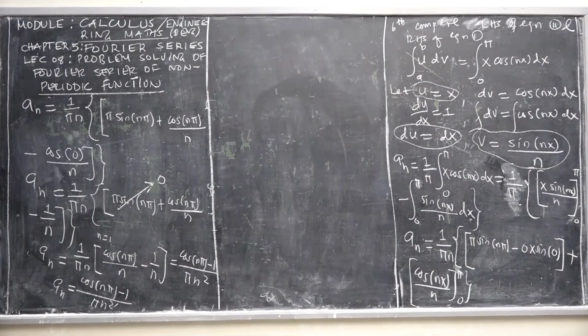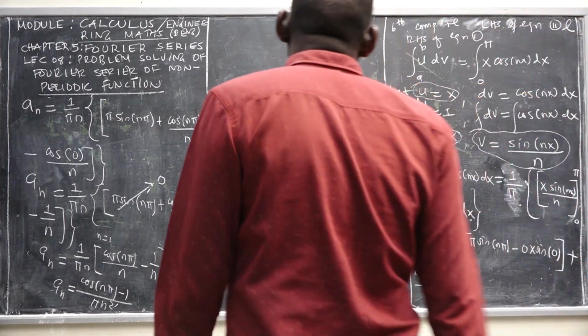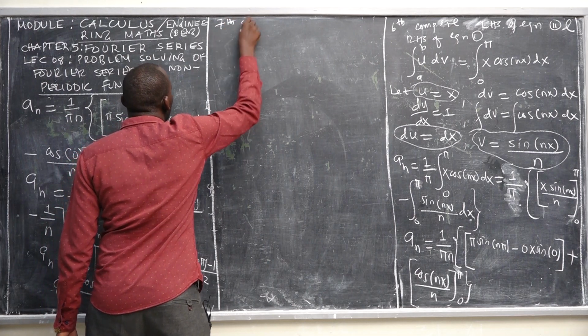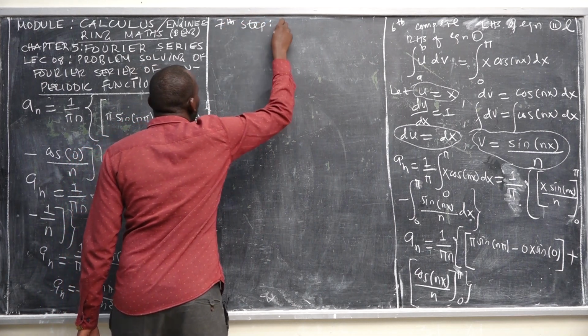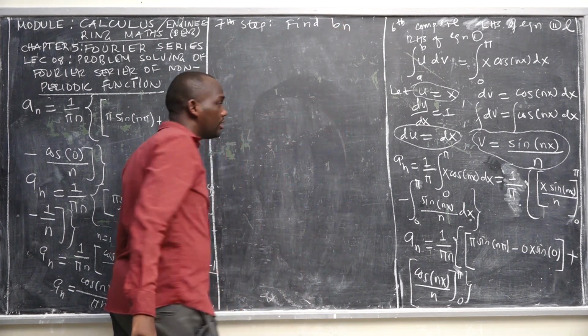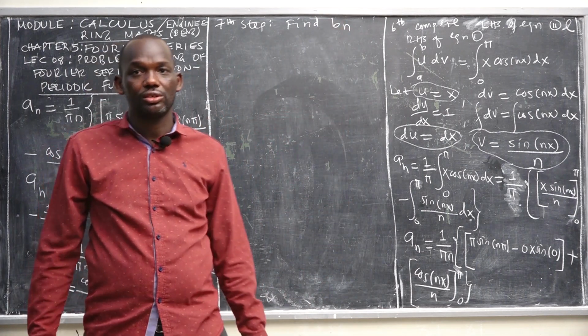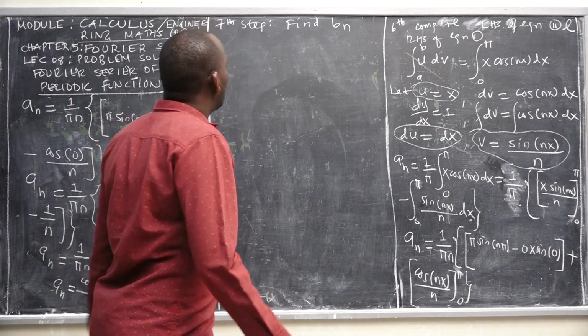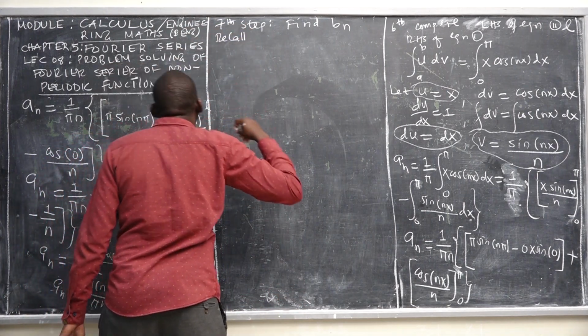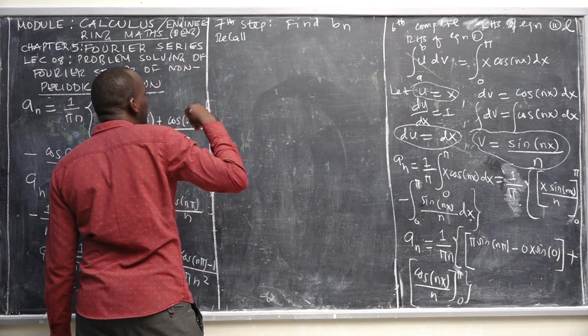Okay, so now we are going for the 7th step. Let us find Bn, the third Fourier coefficient. To find it, we have to recall its general formula from the Fourier series of the periodic function.